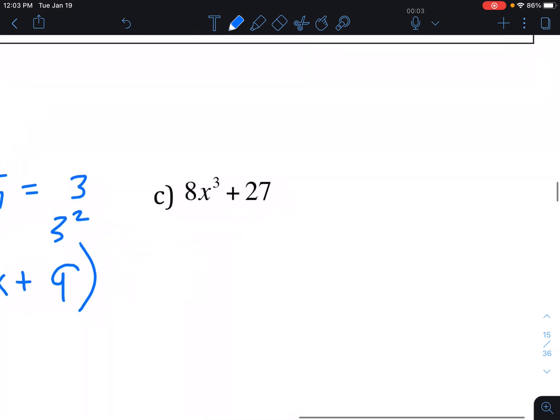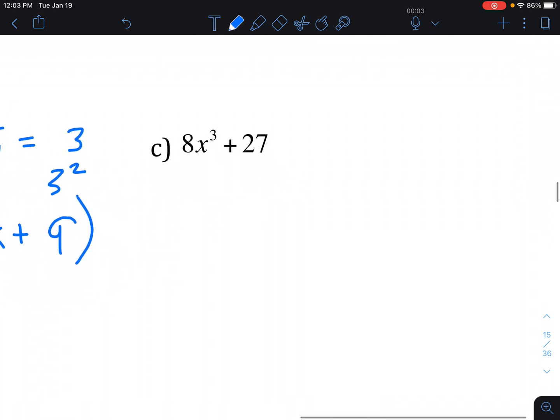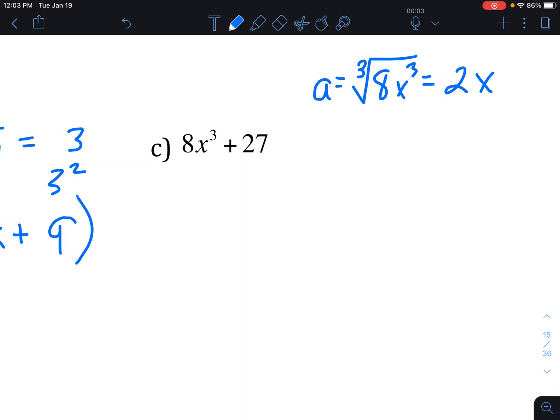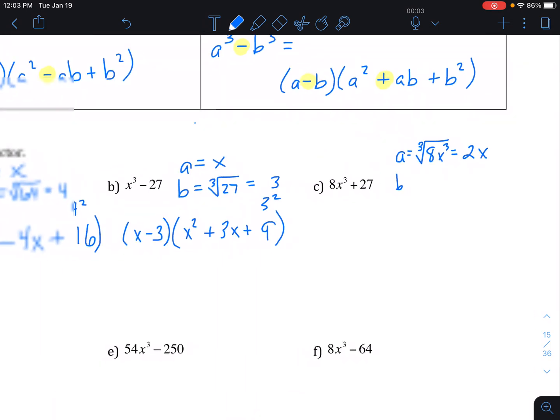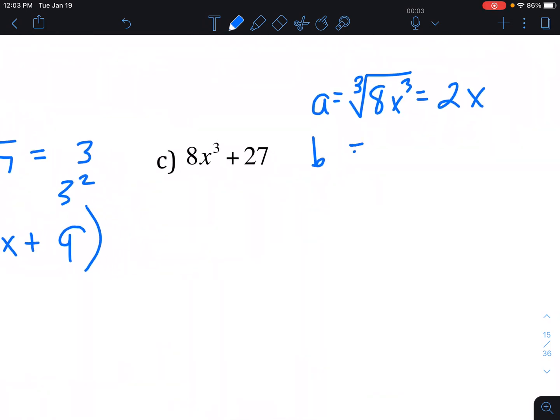Okay, letter C, a little tricky because we have that 8 out in front. So A here would be the cube root of 8, which would be 2, and attach an x to it, of course, because it says 8x to the third. So A is 2x, and then B is, just like the last problem, 3.